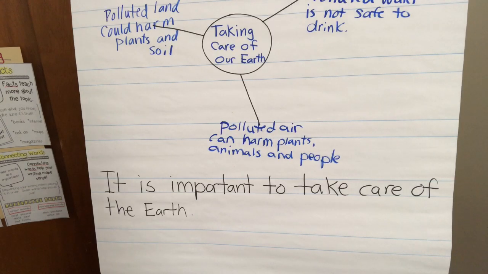Now I need to explain my topic by telling facts. I want to add vocabulary and connecting words. I need to have at least 3 facts. So it is important to take care of the earth. Now I wrote in my organizer here, polluted water is not safe to drink.